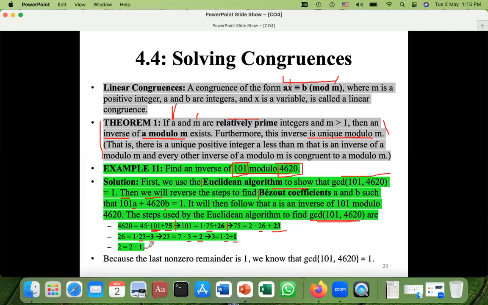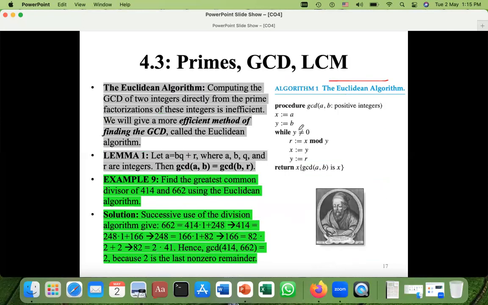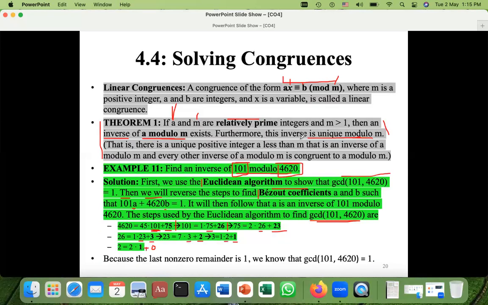Now my remainder is 0, which is not mentioned here. And according to the Euclidean algorithm, this loop continues while y is not equal to 0. So I am just executing that algorithm over this one.